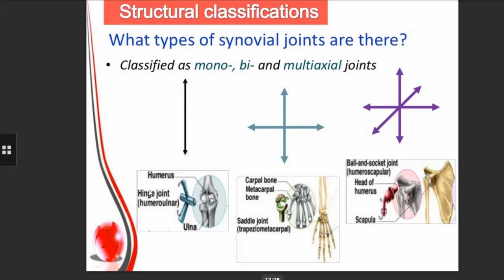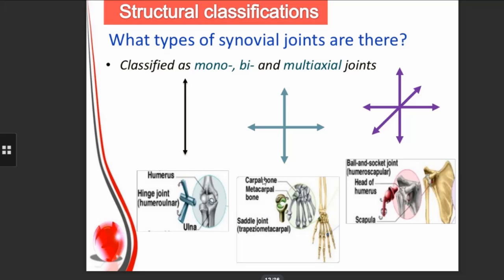Here you can see the humeroulnar joint. You can see that it's a hinge type of joint. It has the uniaxial or monoaxial movement. Whereas the trapeziometacarpal joint, here you can see carpal bone and metacarpal bone, they have two axis movement.